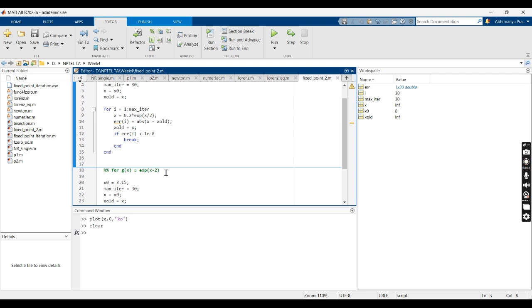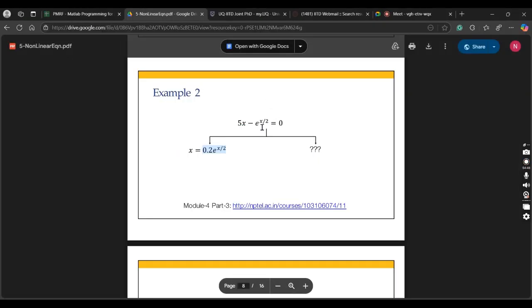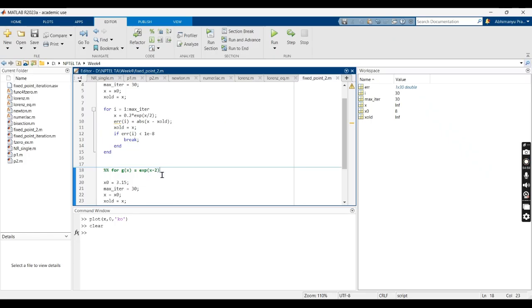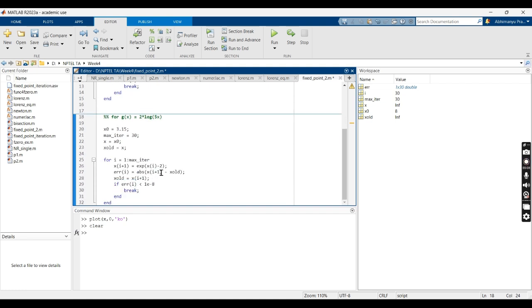Now let us look at the second gx value that we should be getting for this problem, which is 2 times log of 5x, right? So I will change this.